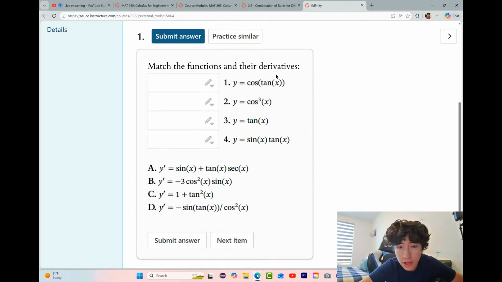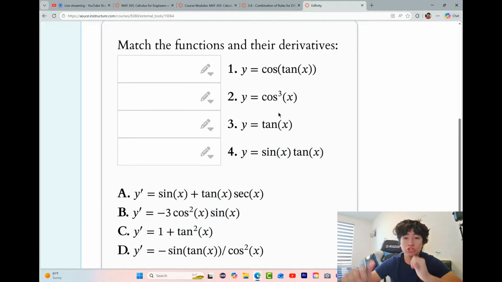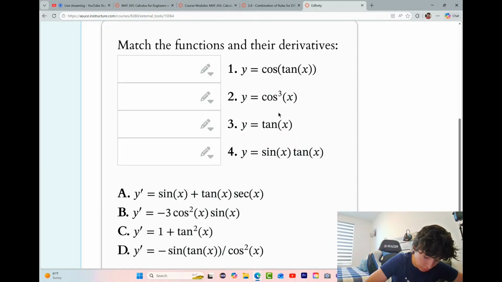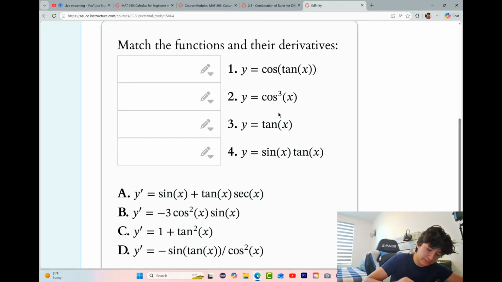Match the functions and their derivatives. We have y equals cosine of tangent of x. Okay. I guess even though I can just look at these questions, I'll do it on paper to get more practice. So, all right, we need the derivative of cosine.